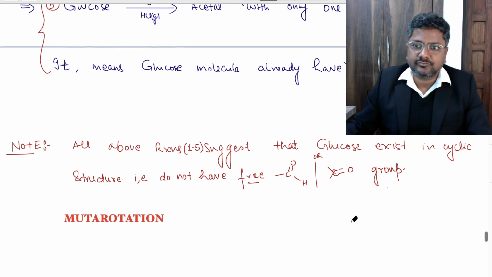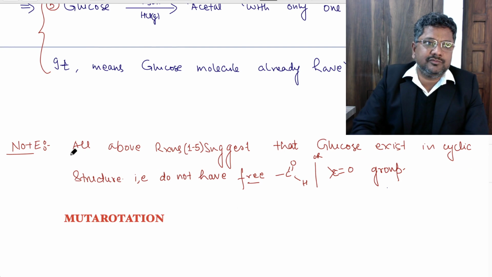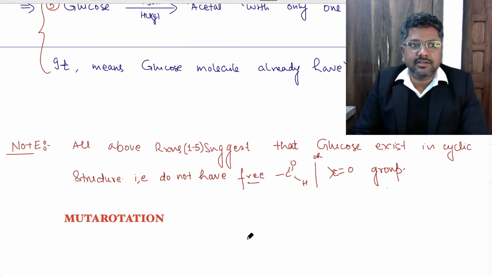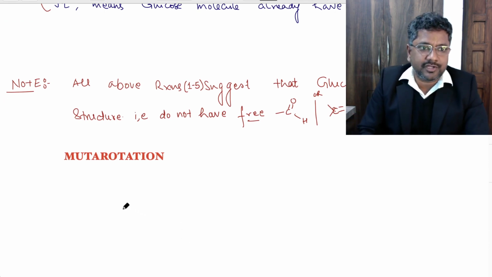Okay. Now see another observation, mutarotation. This mutarotation is one of the physical observations, a physical property, which also suggests that the glucose molecule exists in the cyclic form, right? Let's see, what is this mutarotation?